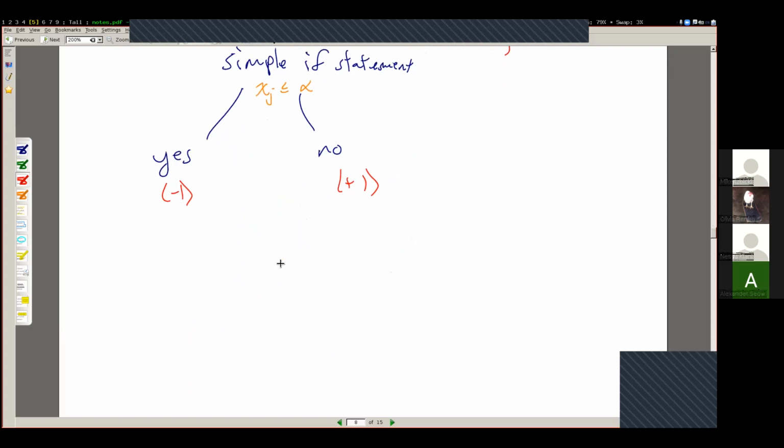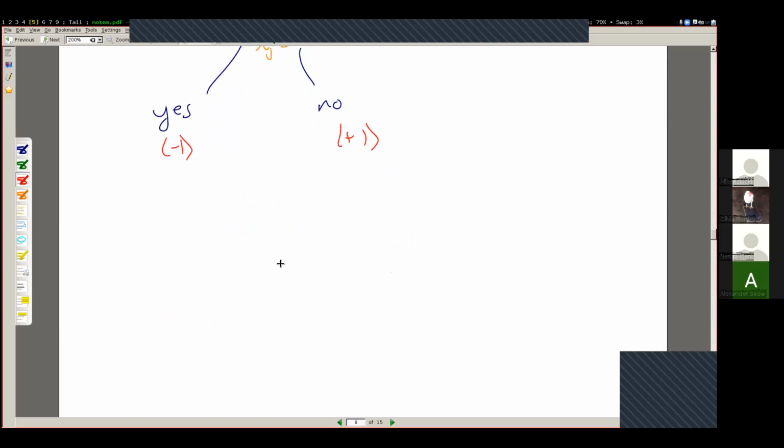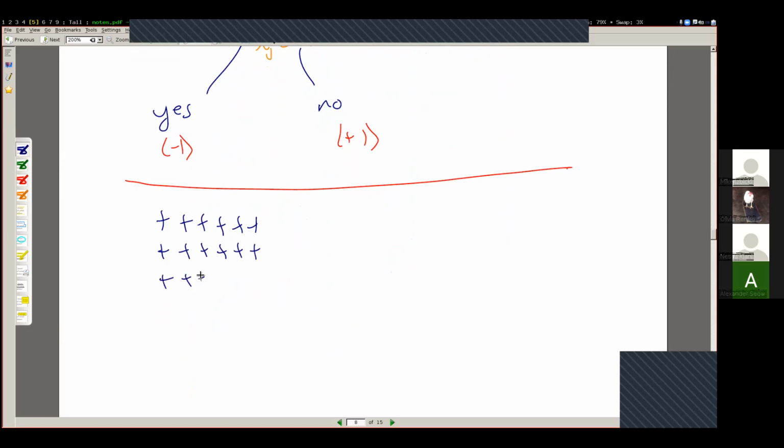Now the sort of situations where we're going to have good training error. Let's say we have a data set that looks something like this, a bunch of pluses in a very boxy pattern, and then minuses over here. This is a good situation for decision trees.